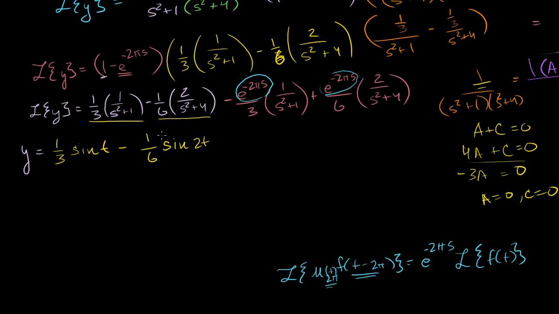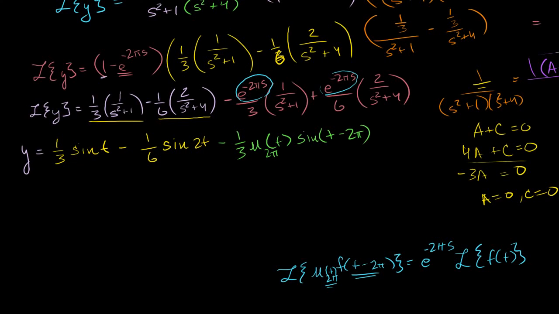So this is going to be minus 1/3 times the unit step function, where c is 2 pi of t, times, instead of sine of t, sine of t minus 2 pi.